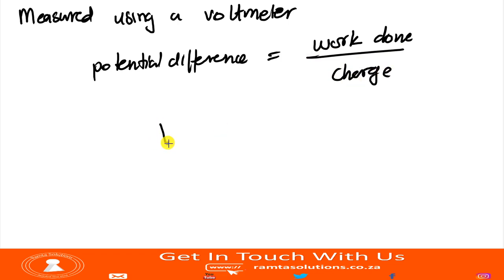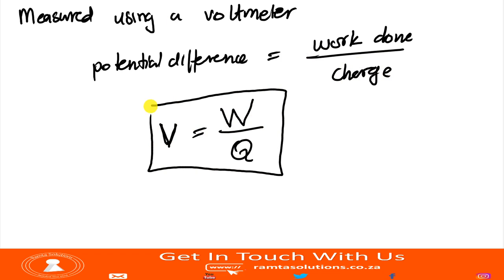Therefore, V is equal to W over Q, Q for charge. So this is your formula for potential difference.